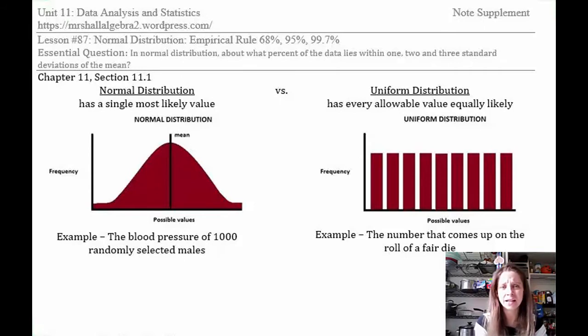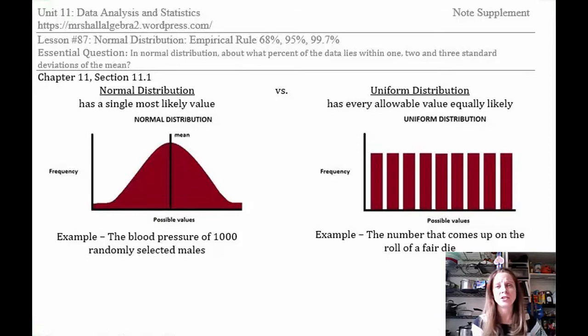An example of data that we expect to be normally distributed is the blood pressure of 1,000 randomly selected males. It's probably a common blood pressure that they have, but there's going to be some variation, and maybe there'll be some extremes, but not a lot. So we expect that to be a bell-shaped curve, or normally distributed.